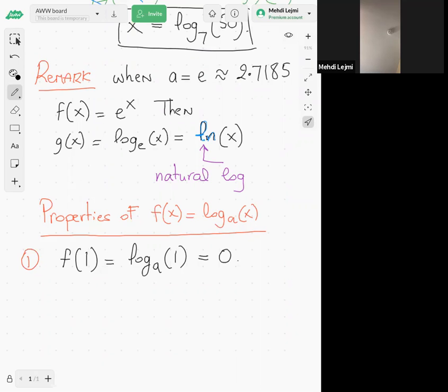Okay. 2, f of a, so that's the log in base a of a. This is always equal to 1.